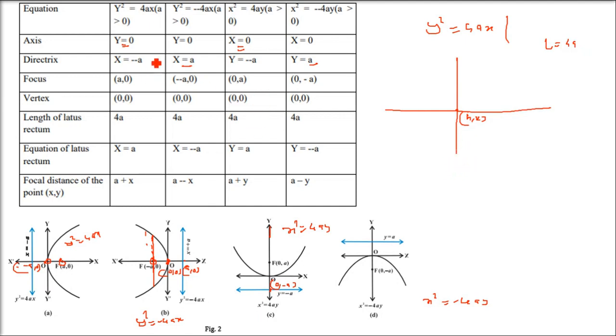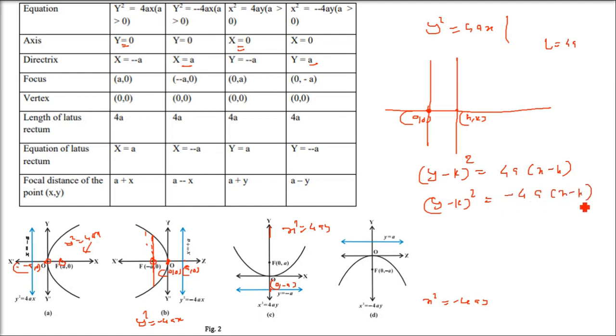The initial equation with (0, 0) as vertex was y square equals 4ax. Now when it is at (h, k), the equation will change because we have shifted the vertex. Y minus k whole square equals 4a(x minus h). Sorry, for the other direction you just take it as minus 4a(x minus h).